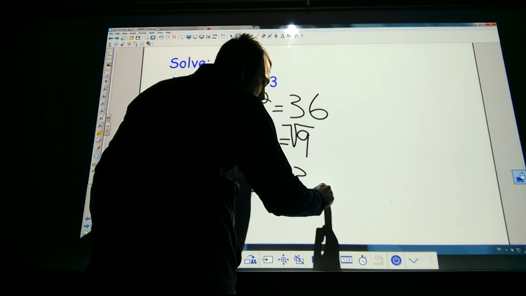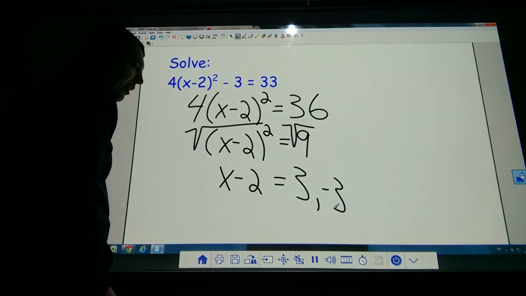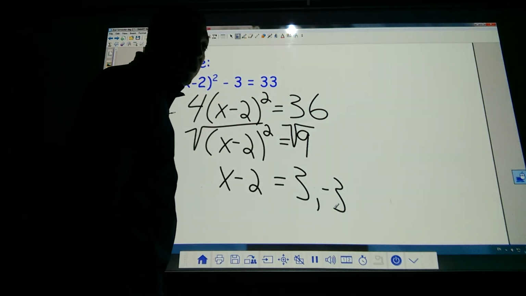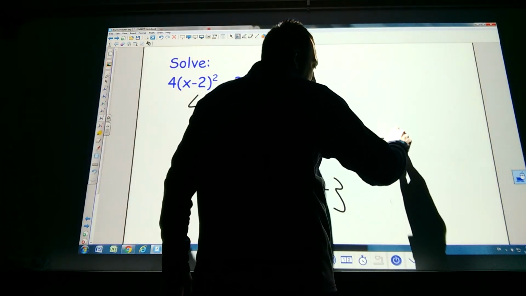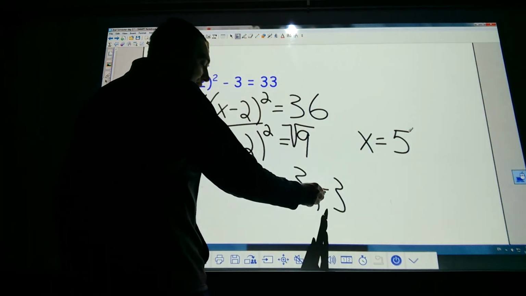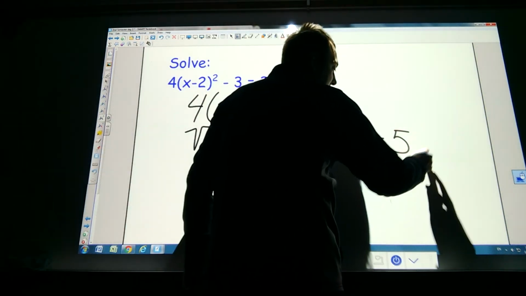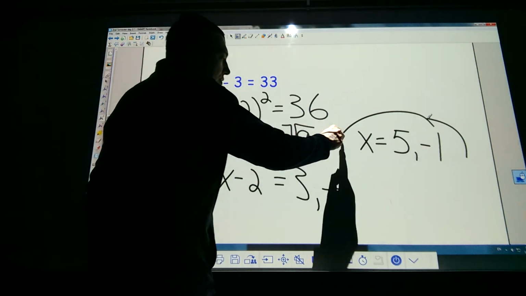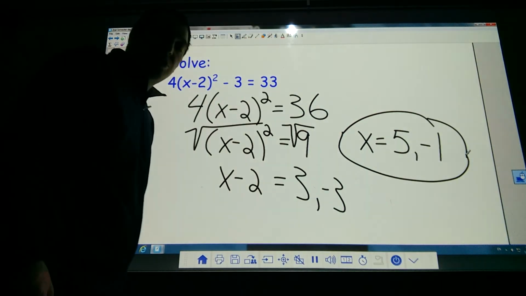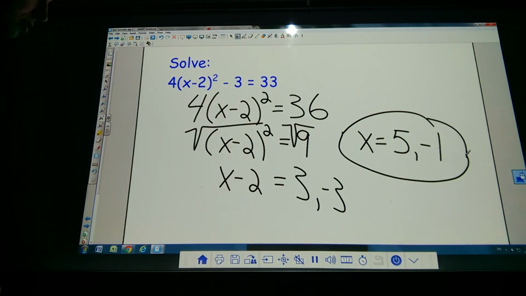So there's 2 answers here. 3 and negative 3. Add 2 to both of those. X equals 3 plus 2 is 5. Negative 3 plus 2 is negative 1. And we'll review that throughout the year. So don't stress about it, but do your best.